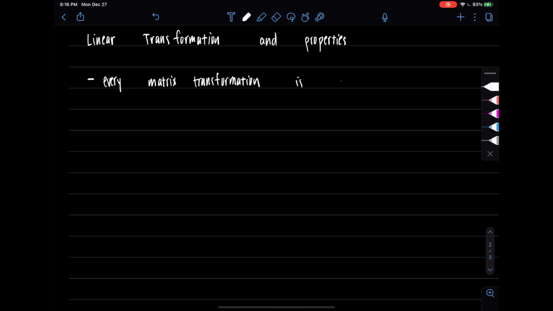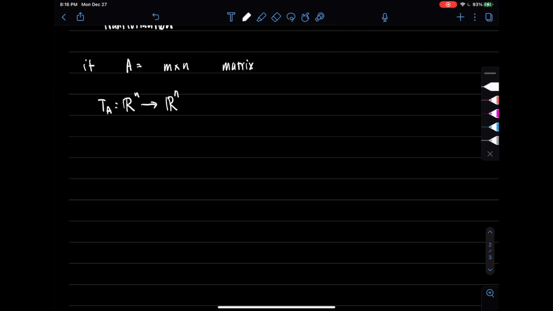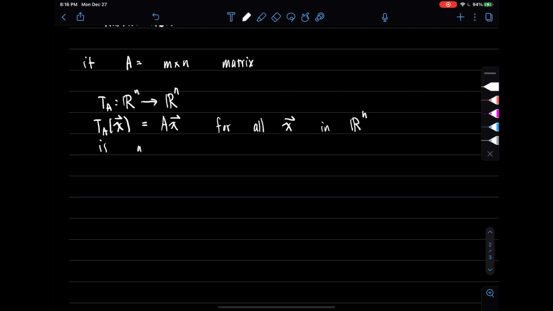Consider if A is an n by n matrix. Consider the transformation from vector space Rn to vector space Rn. Then the transformation of x with A will still be in Rn, as exemplified by the notation of the transformation.